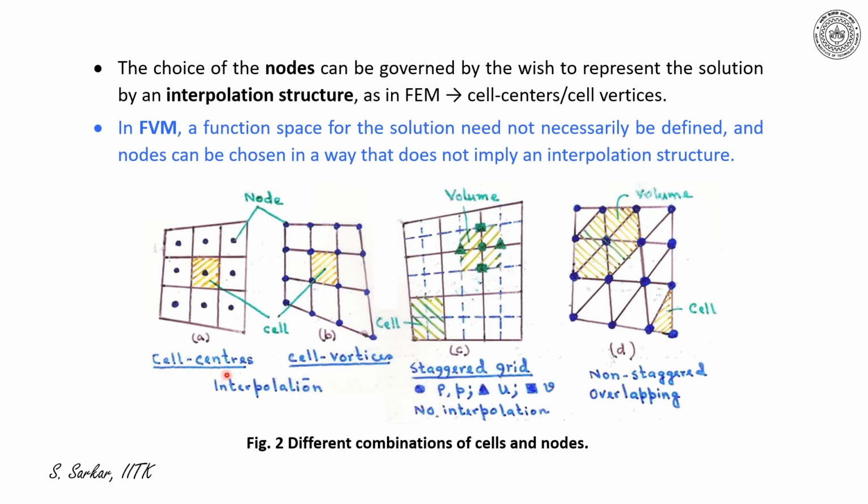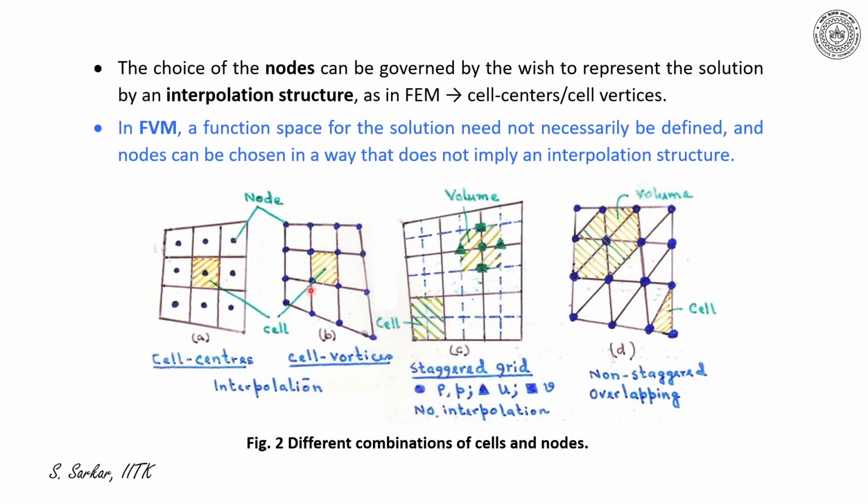Suppose for cell centers and cell vertices, in one case the variables are stored at the center of a cell, and in the other case the variables are stored at the vertices of the cell.